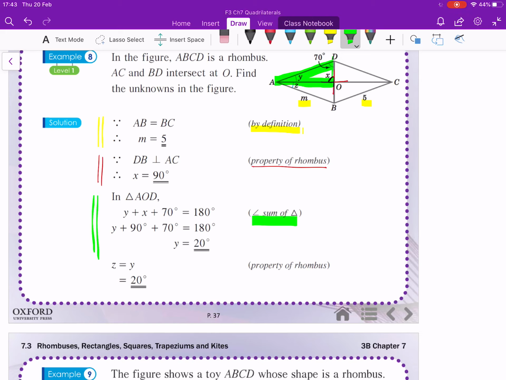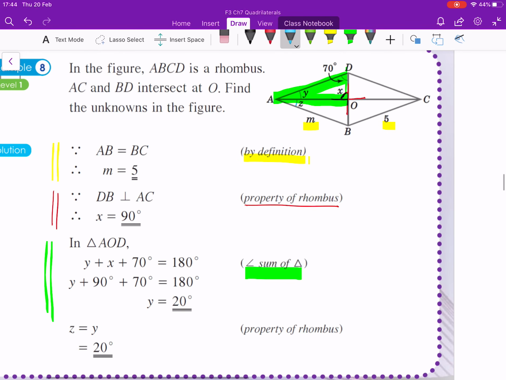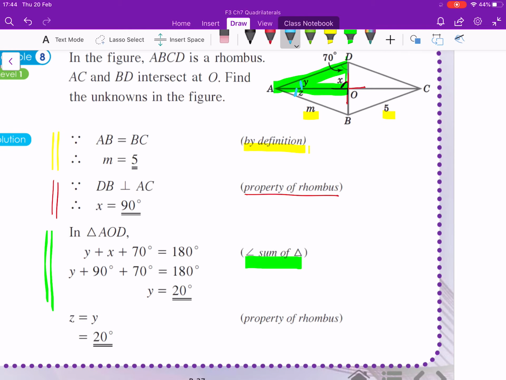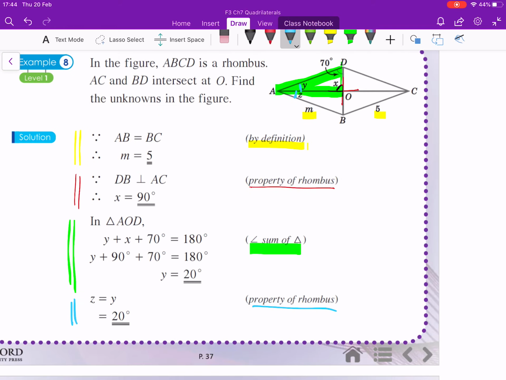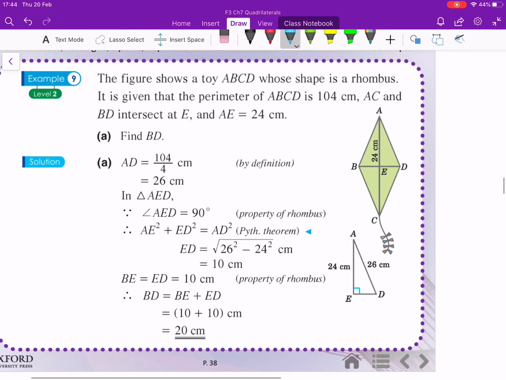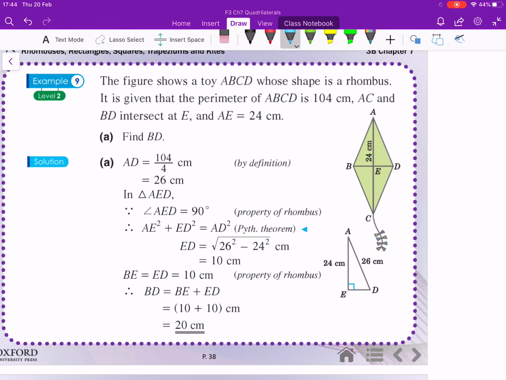And finally, the value of z. Similarly, by property of rhombus, we know that this angle equals this one. Means the value of y and z are the same. So by properties of rhombus, you can find out z equals 20 degrees. So an easy example.